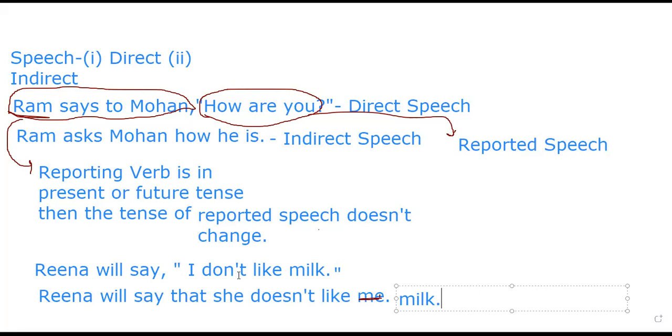You need to know this. Why you had changed into he, that also you need to know. Correct? So how does this change take place?